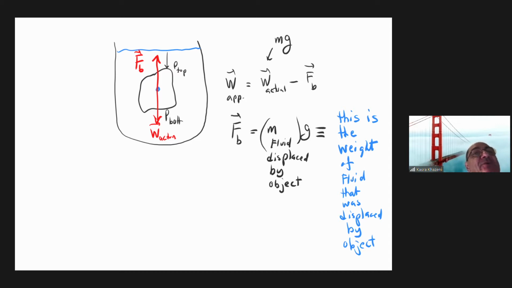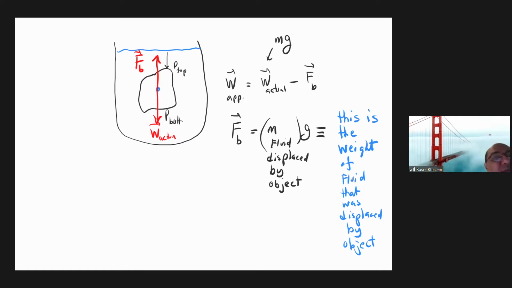But now that object pushed that whole liquid away when it inserted itself in there. And so if you could find out the total weight of the liquid that was displaced or fluid that was displaced, that's the amount of the weight that the object loses.